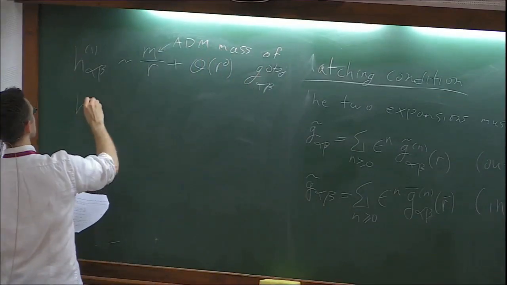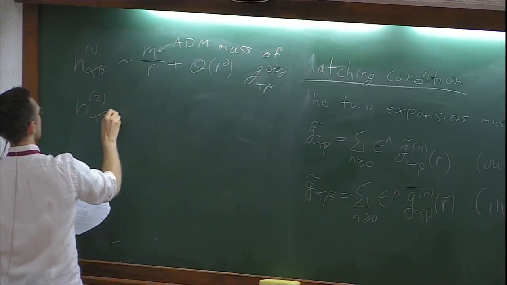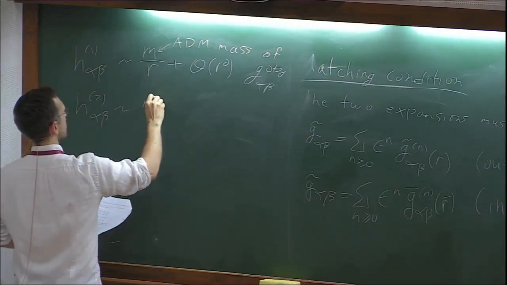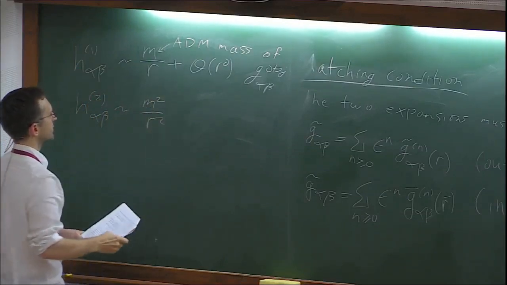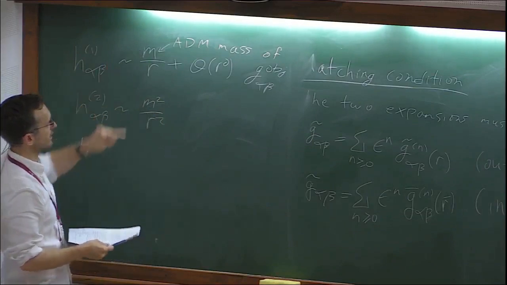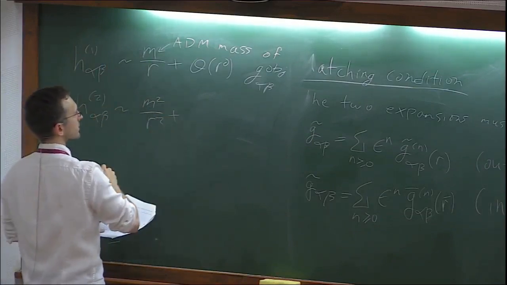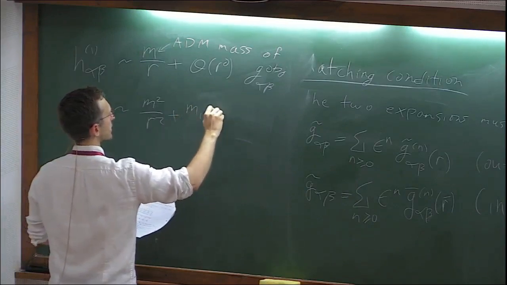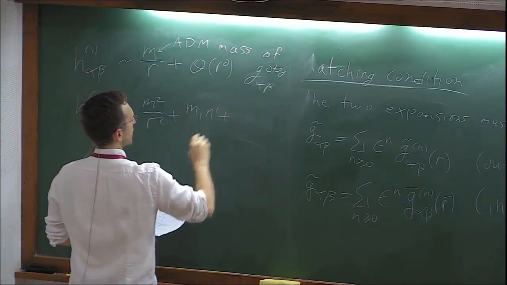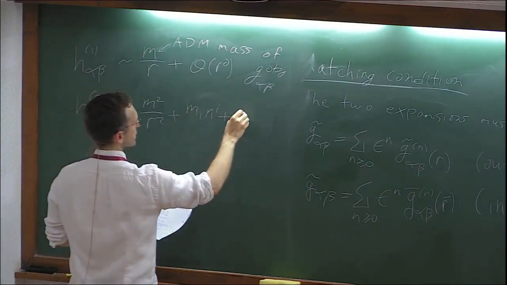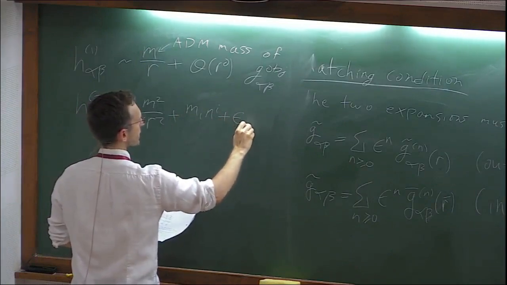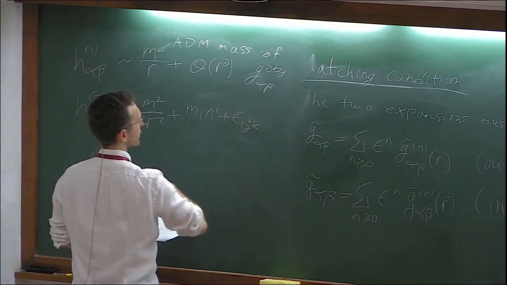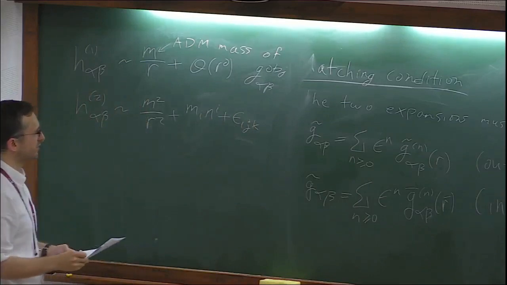Then at second order, we're going to have things like m squared over r squared, but they're still determined just by the mass. But then we get the dipole moments, m_i, and the spin moments always come with a Levi-Civita symbol.